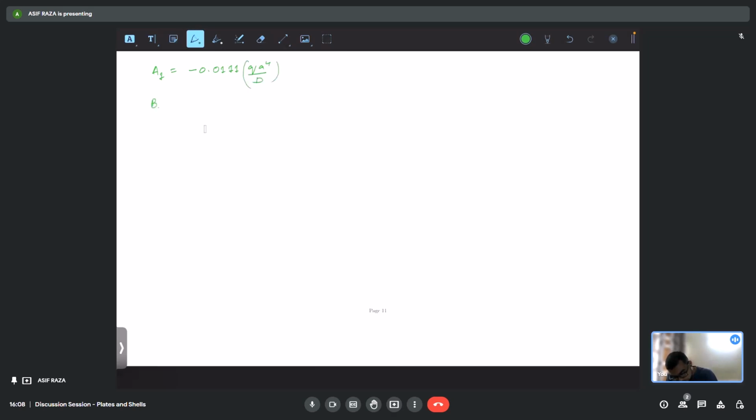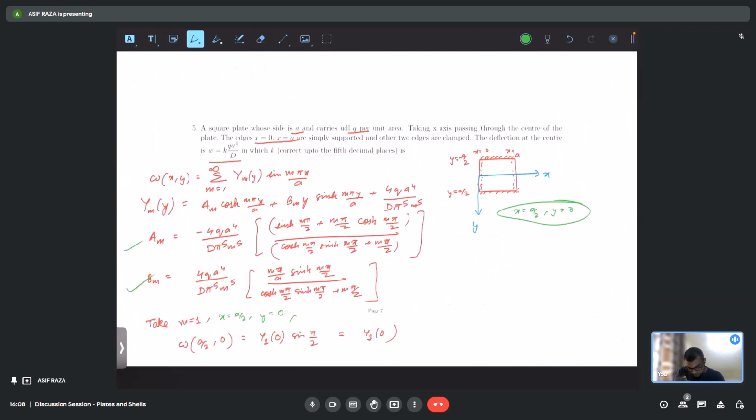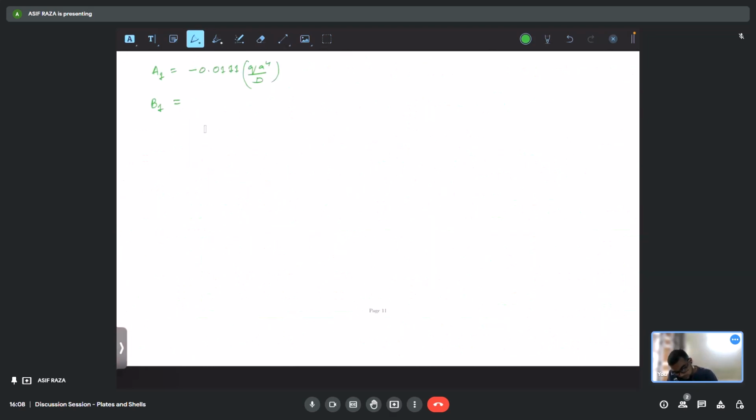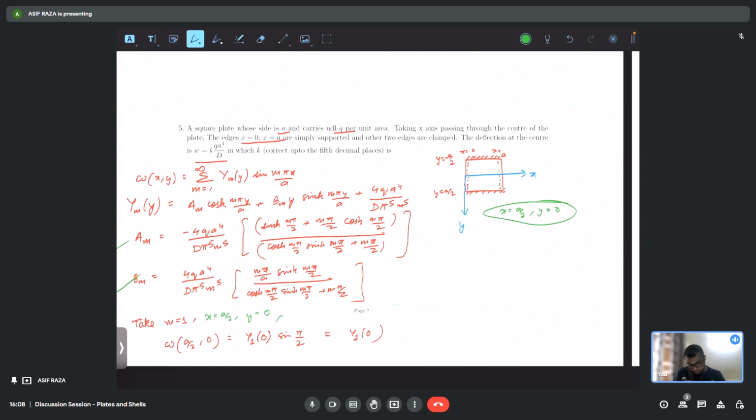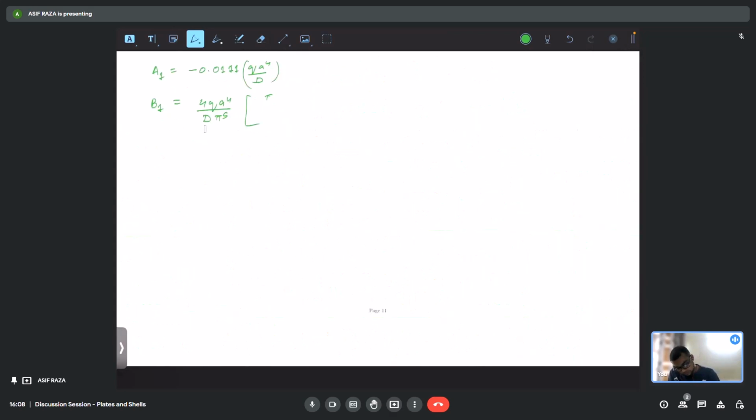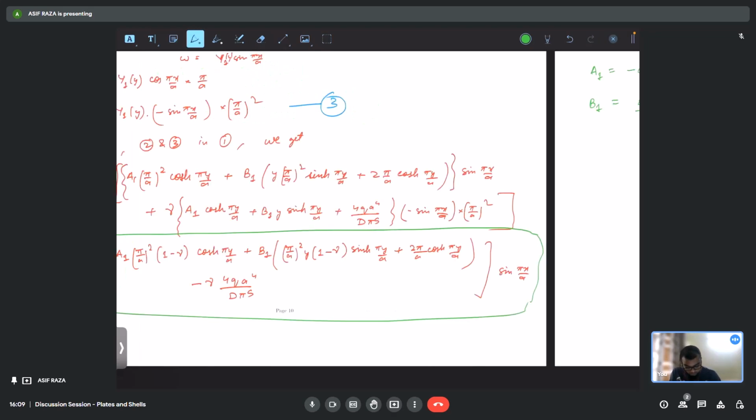Okay, now let's find b1. So b1 would be equal to 4qa⁴/(D π⁵) times, let's check it.